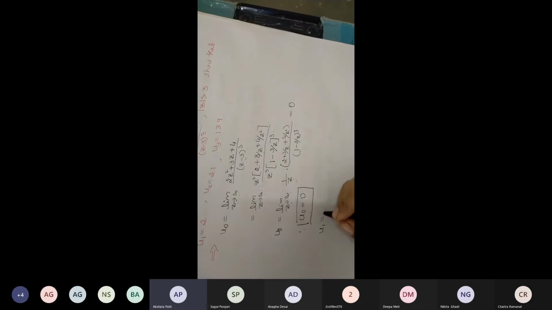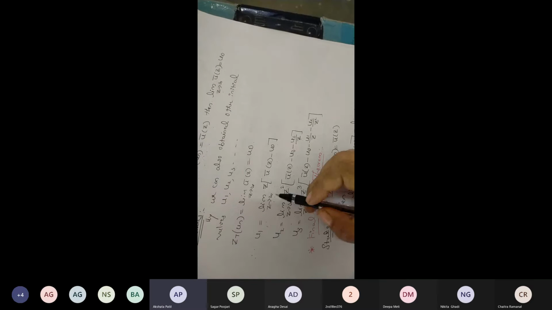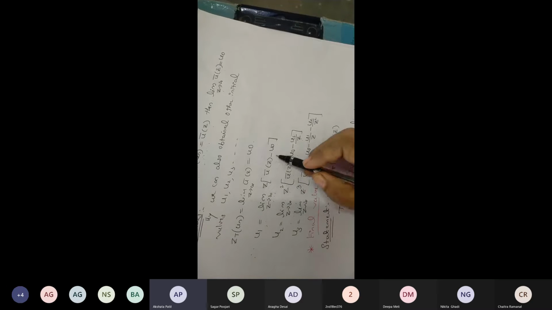Now let us calculate u1, u2, u3 terms. u1 is equal to, the formula is limit z tends to infinity, z into u bar of z minus u0.